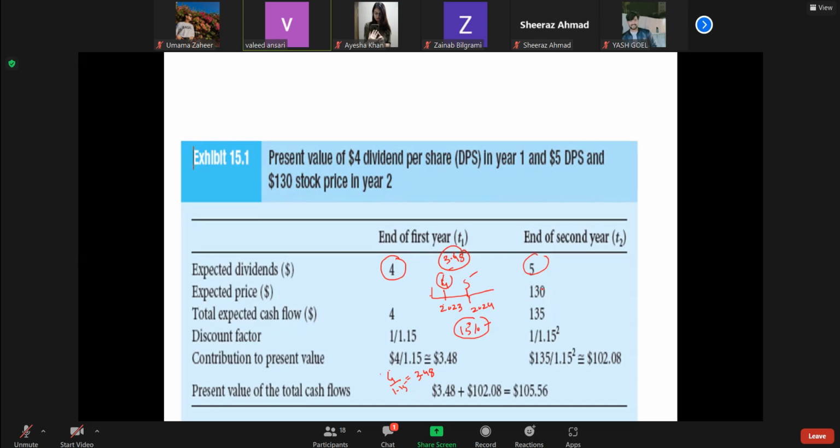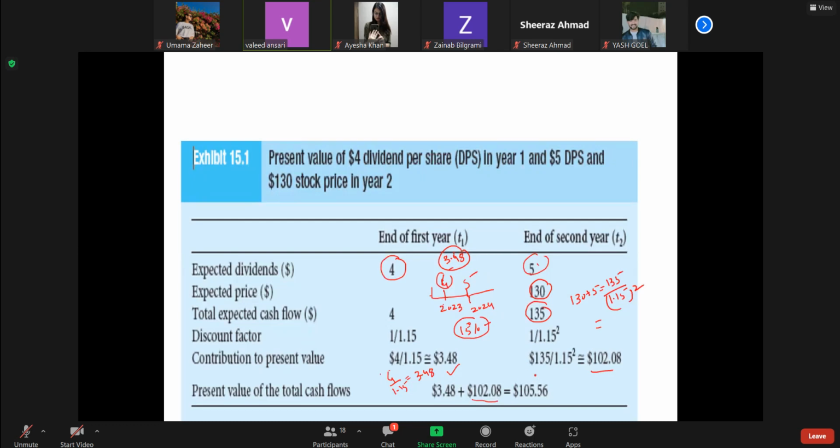the amount. It is given here that the price will be 130 plus 5 rupees. So we have added these and discounted by this factor after 2 years. So this value comes out to be this. After adding this, it is 3 rupees 48 paise in the first year after discounting, and after the second year, when you sell, the price is expected to be 135.